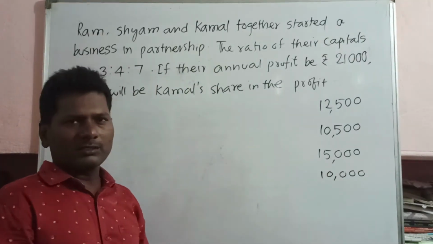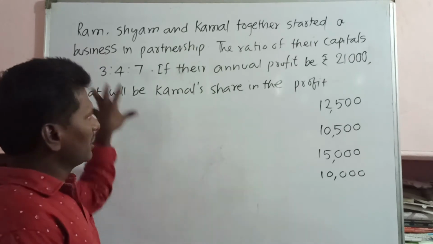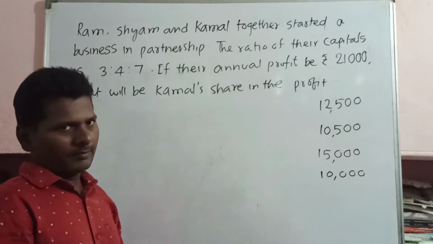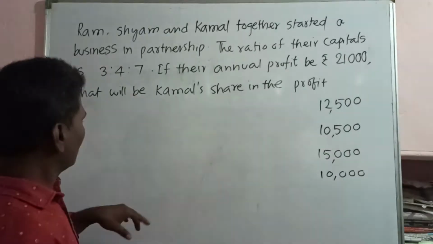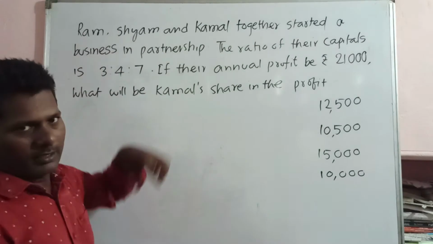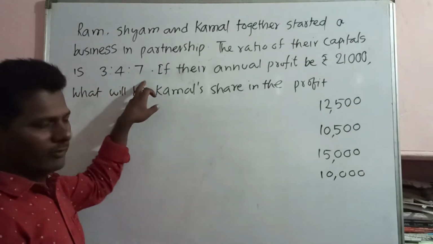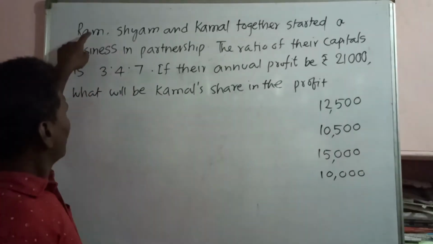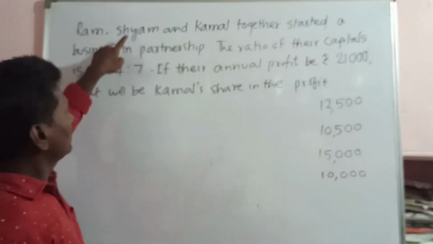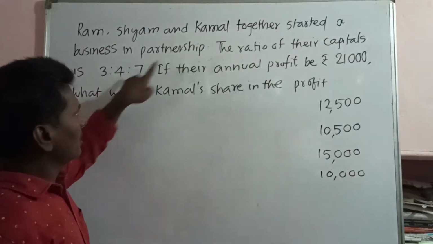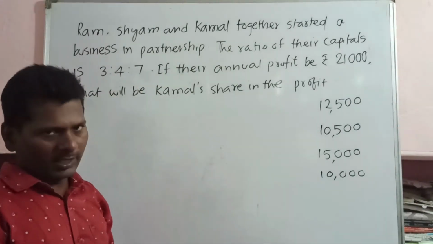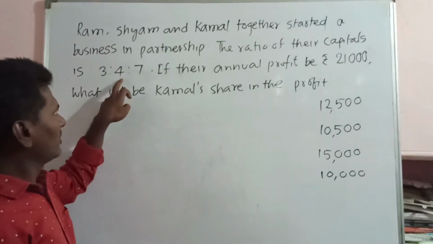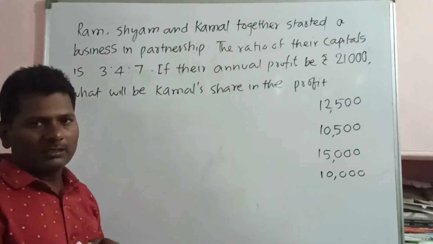So in this question we are provided investments and profit time period, but investment is given in ratio format. 3:4:7 means we have to think Ram invested 3,000, Sam invested 4,000, Kamal invested 7,000, or Ram invested 3 rupees, Sam invested 4 rupees, Kamal invested 7 rupees.